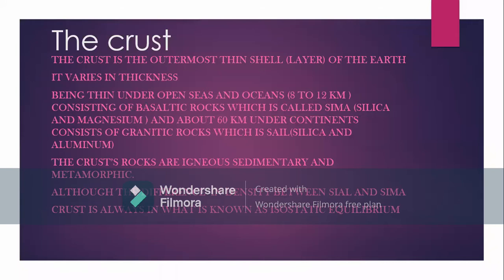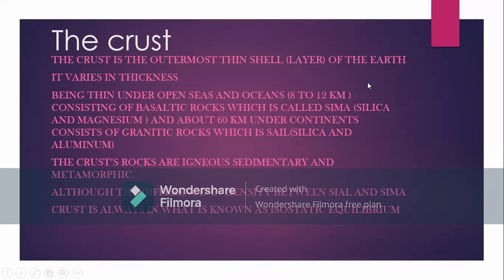It is called sima. So the layer under the oceans has a thickness of 8 to 12 kilometers, and it is called SIMA. These are the first two letters of silica.